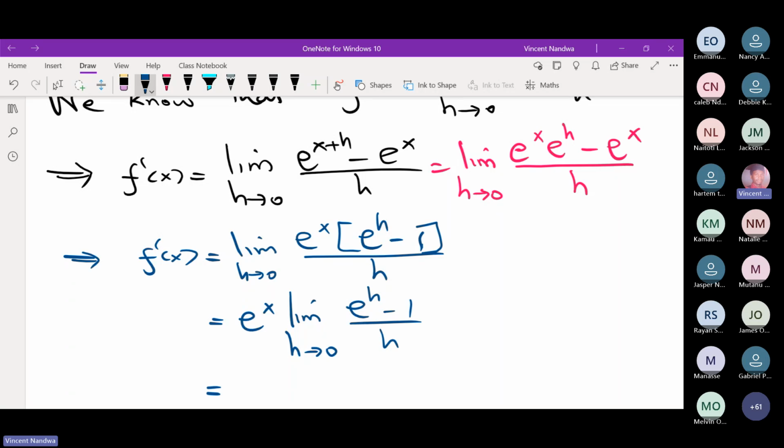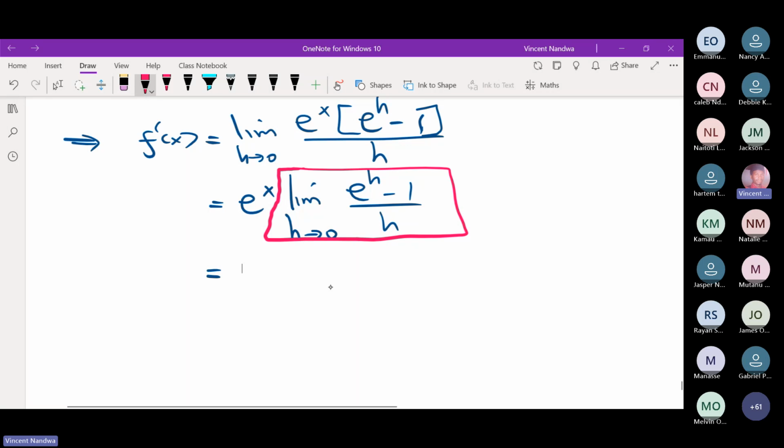Then I want you to go back to your toolbox and tell me what is the value of this limit. Go to your toolbox and tell me this limit reduces to which value? 1. 1, correct. So this will be e power x times 1, which is just e power x.